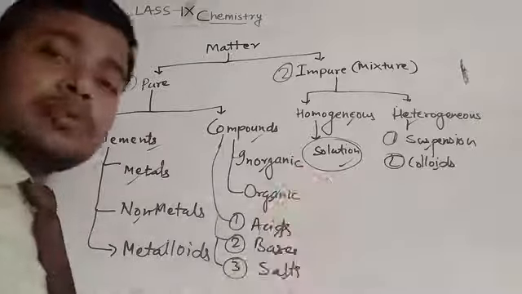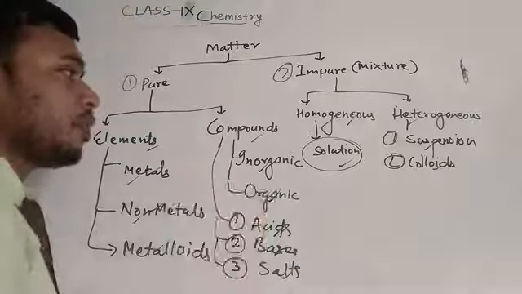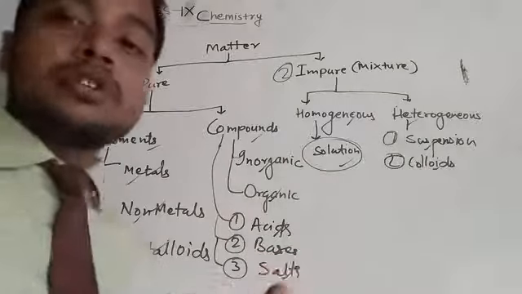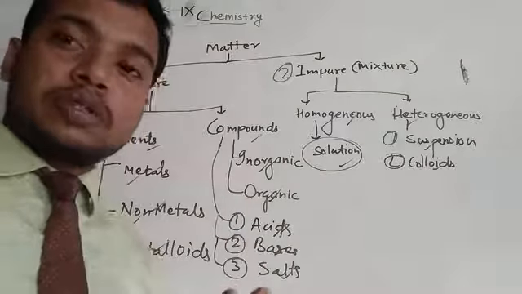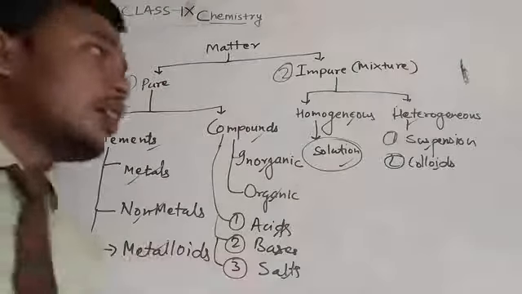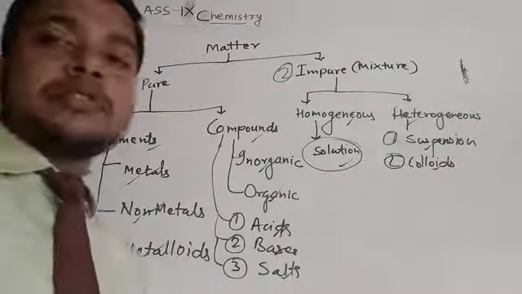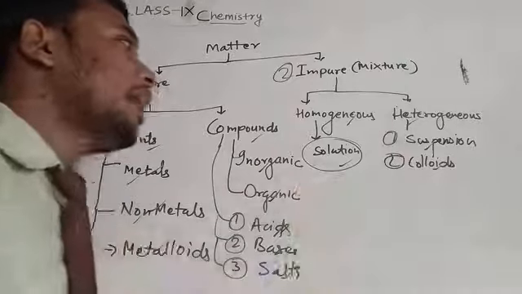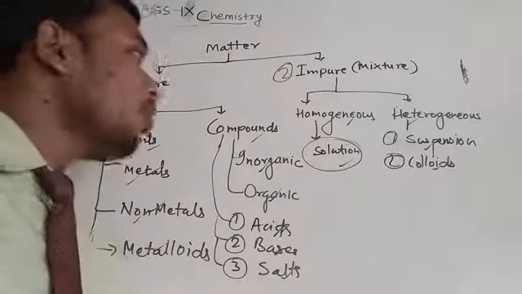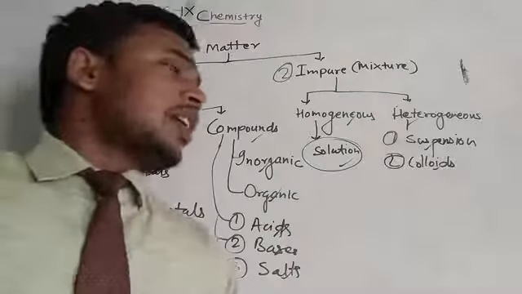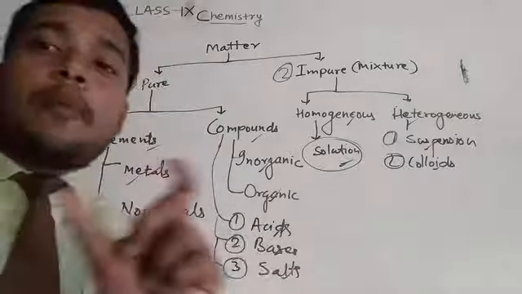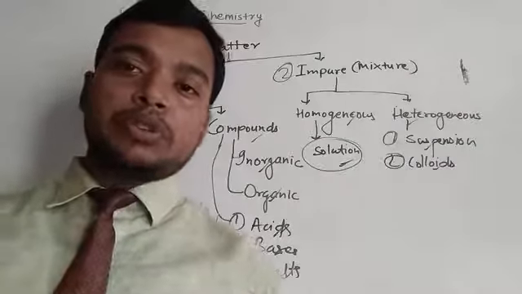Homogeneous, for example solution, we have already discussed in detail in the previous video: the definition of solution, saturated, unsaturated and supersaturated solutions, concentration of solution, and numericals on concentration. Heterogeneous are suspensions and colloids. We have also done a comparative study of solution, suspension and colloids.